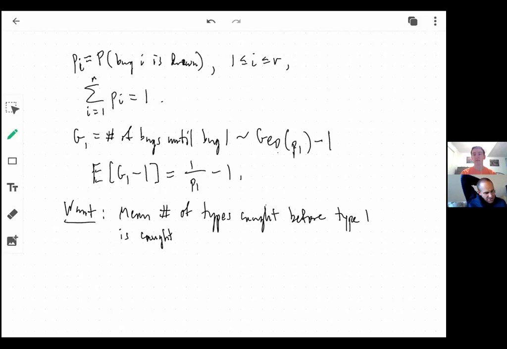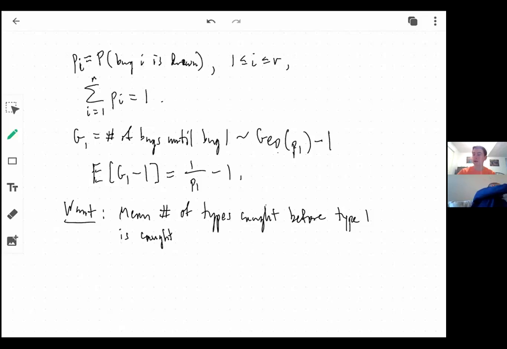And then your strategy: the mean number of types that are caught before type 1 is caught. And you had a bunch of indicator variables, right?